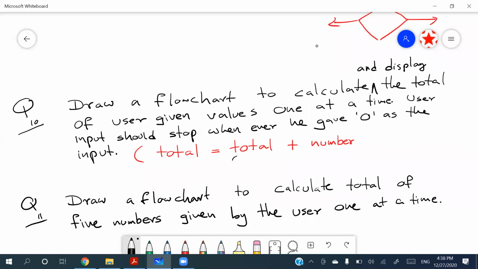So this is the current total, as I told you in the counter as well. This is the new total. So the current total is added with the number and it will be assigned to the total again. So it will become the new total. Dulagi, think through this, right? See where it needs to be placed. If you place it correctly, then you are okay.